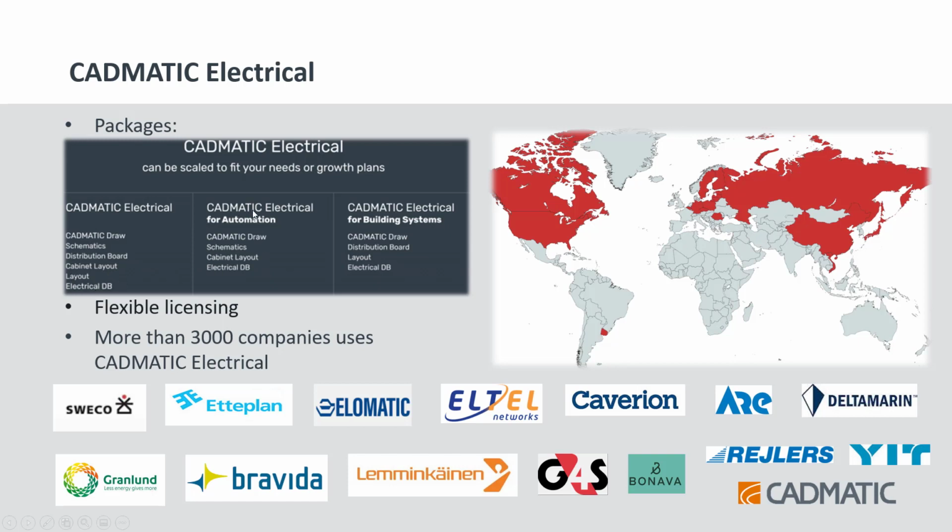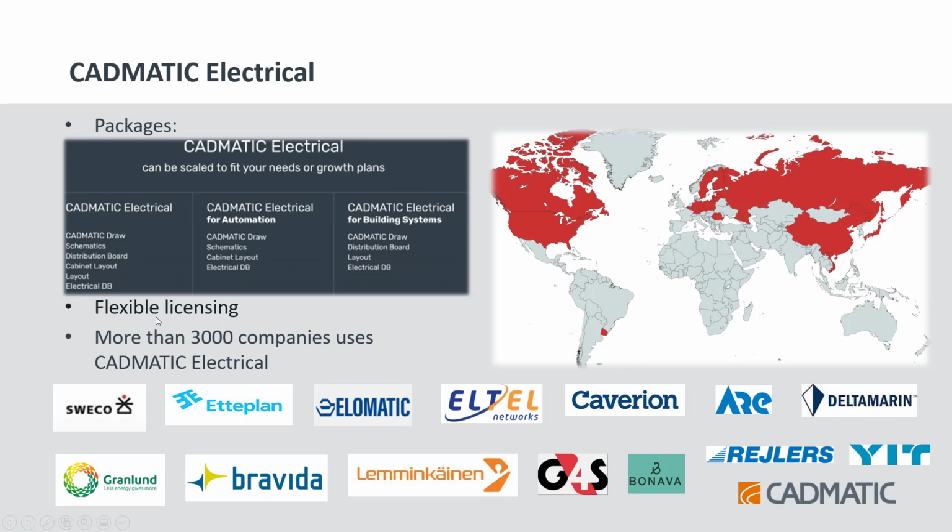But in addition, if the user only needs to do multi-line or single-line documents and doesn't need to do layout documents, then they can have only the schematics, the automation package. If they only need to do building electrification documents, they can have the Cadmatic Electrical for Building System package.